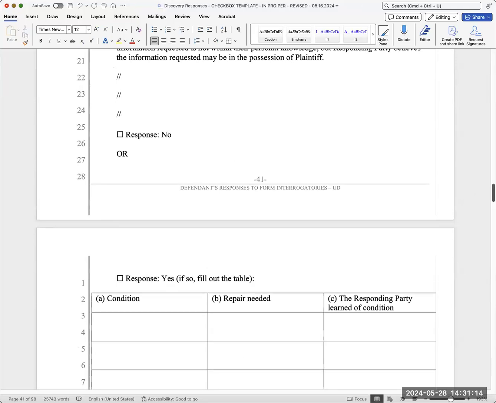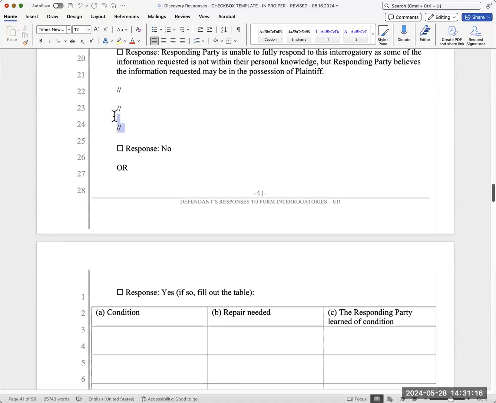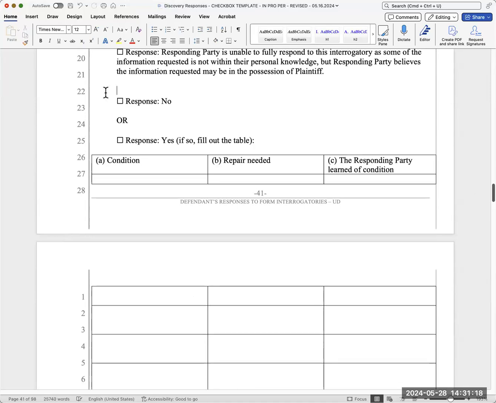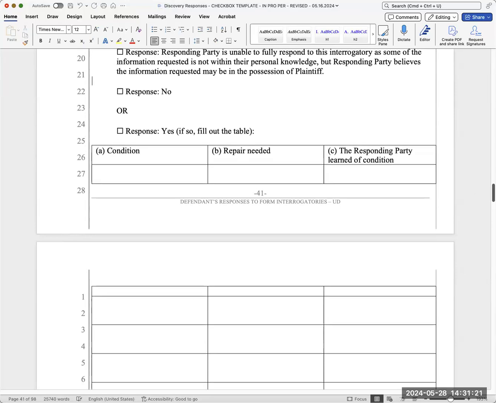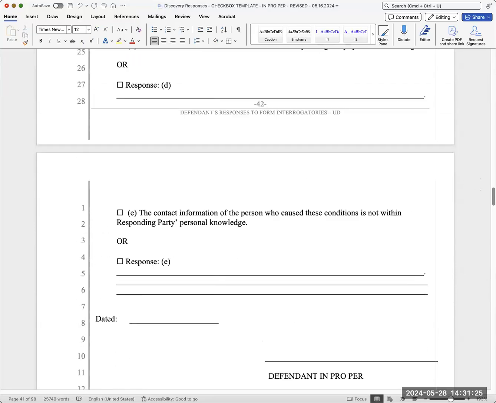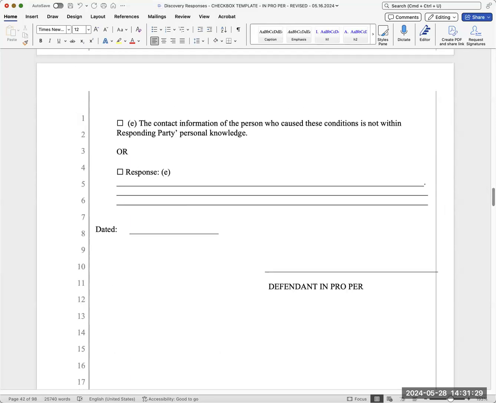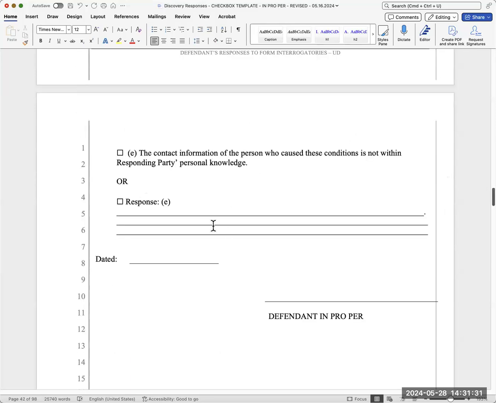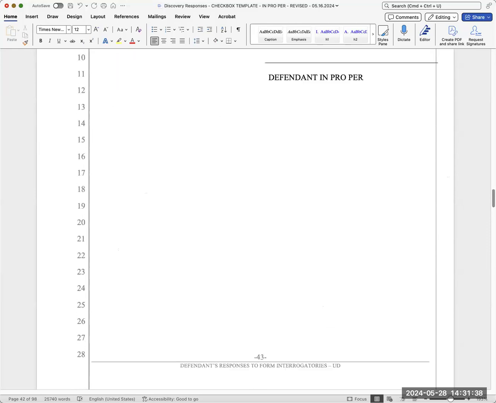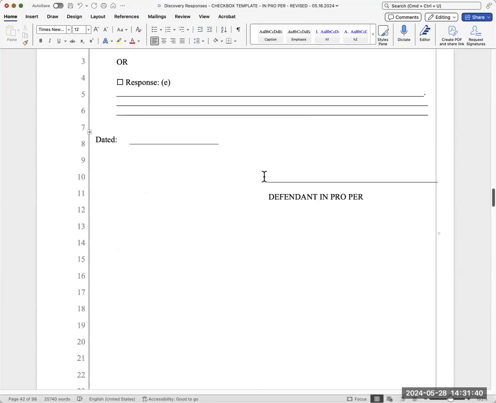You can push down the response so that some part of the response is on the same page with the date and signature. It's important, okay? So you want to make sure that when you're done answering, the date and signature are on a page with some part of the response.